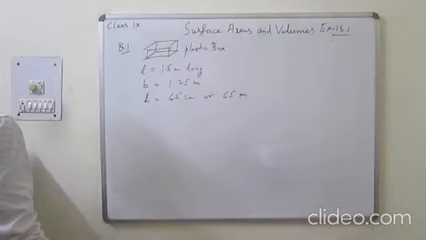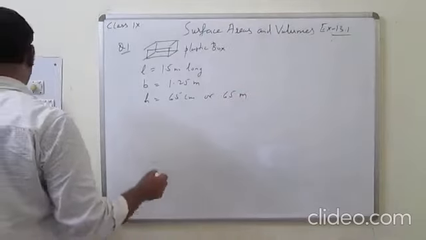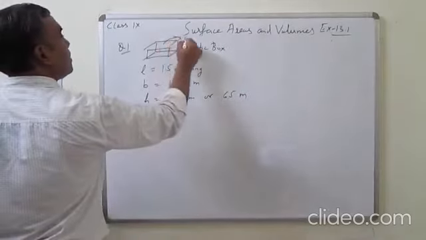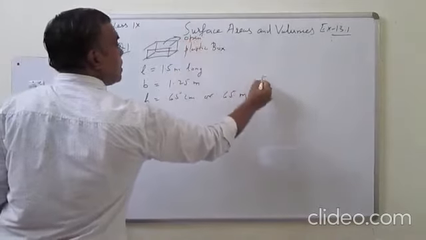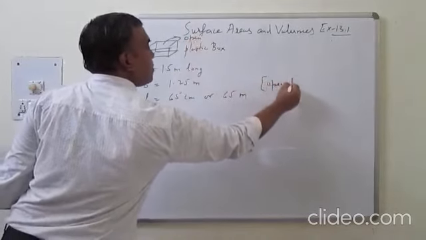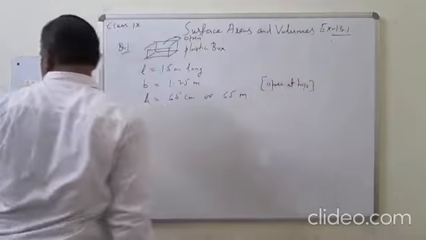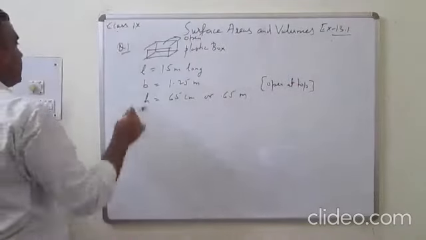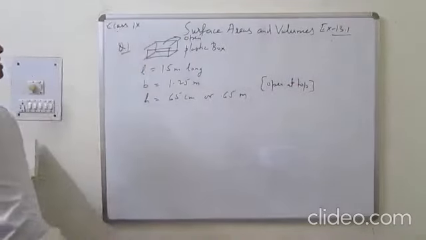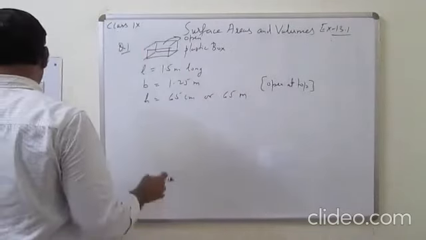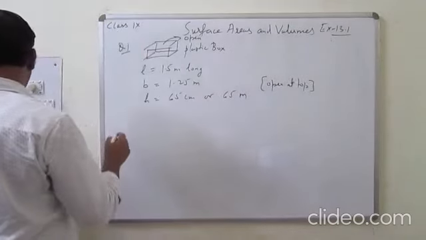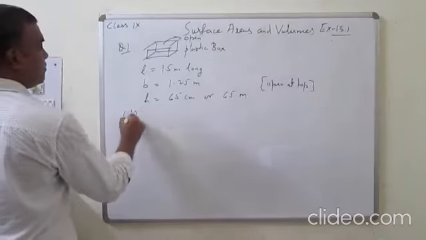It is open at the top. Ignoring the thickness of plastic, determine the area of sheet for making the box.